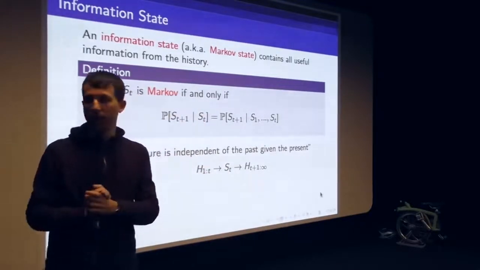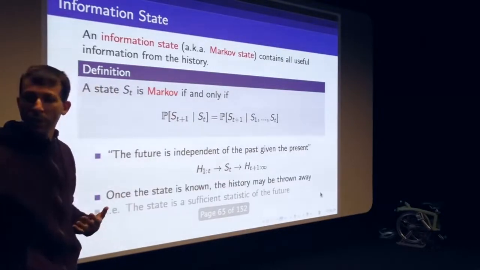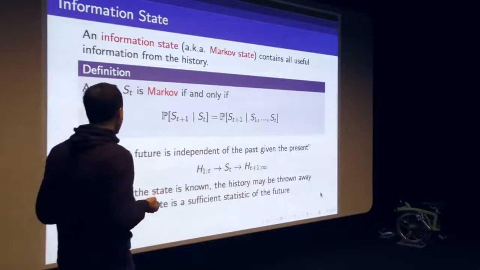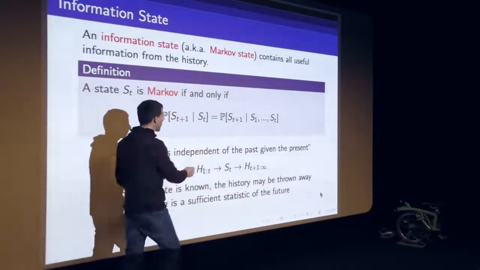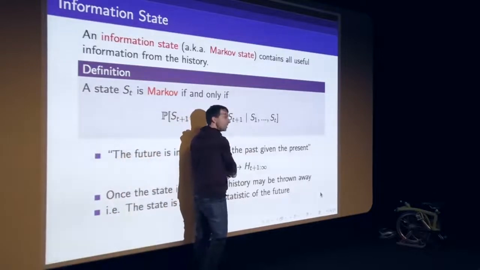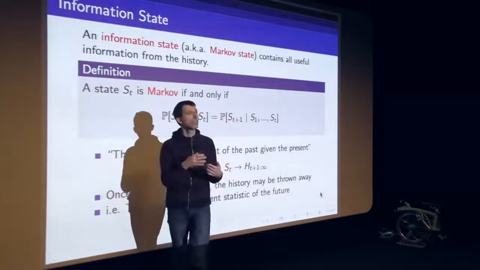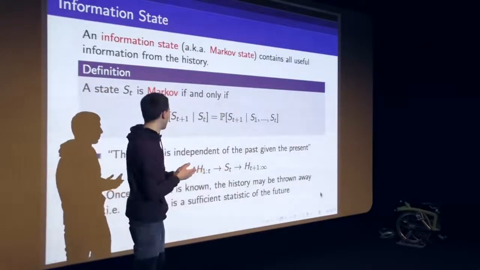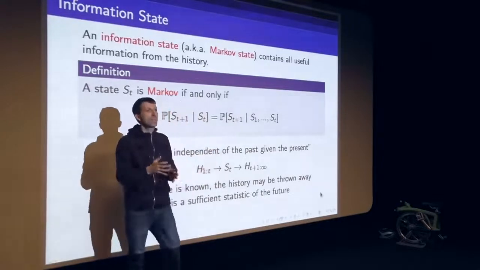That's the definition of a Markov state. Another way to say the same thing is that the state is a sufficient statistic of the future. This state fully characterizes the distribution over future actions, observations, and rewards, so once we have it, we can say everything there is to say about that distribution.